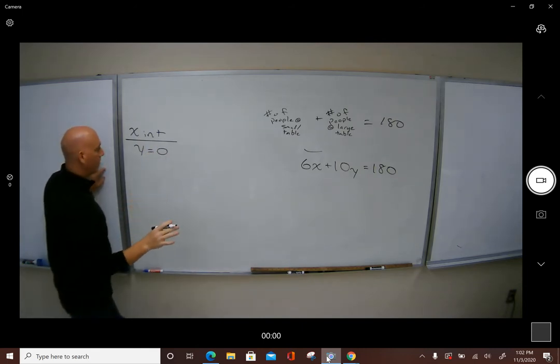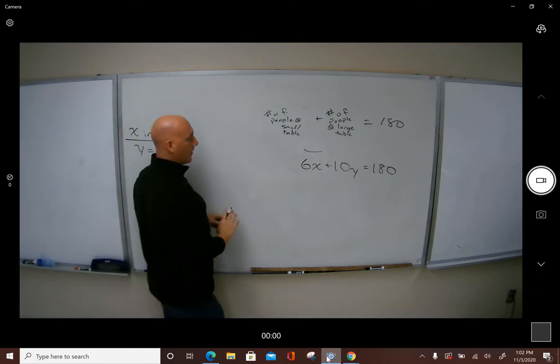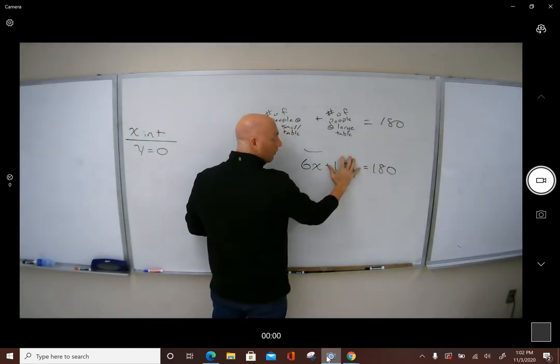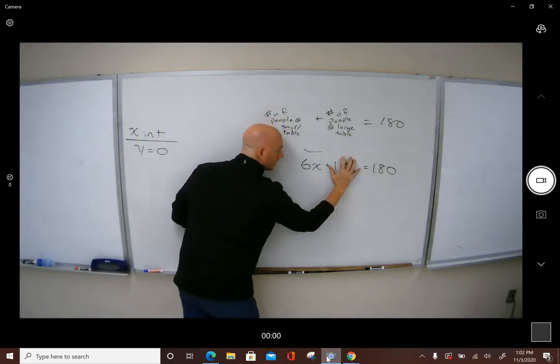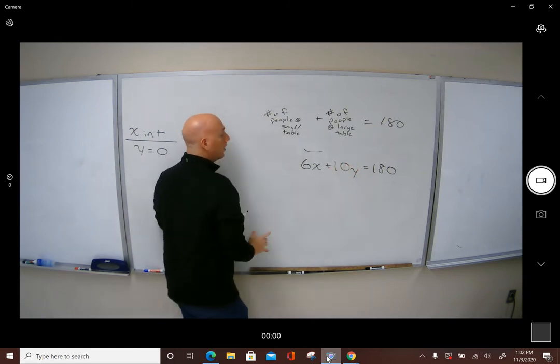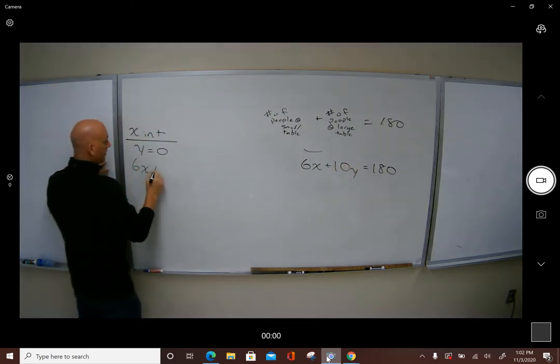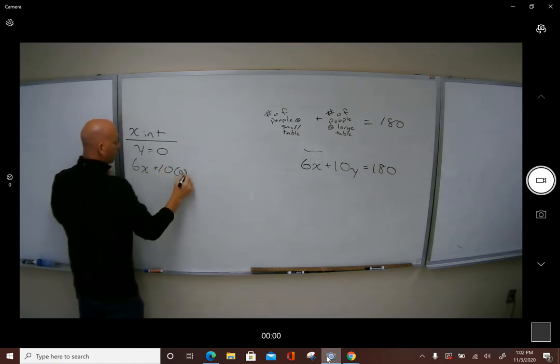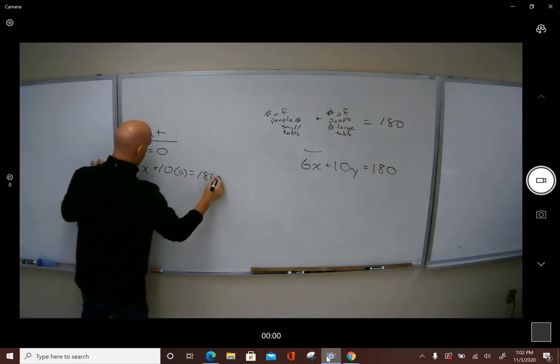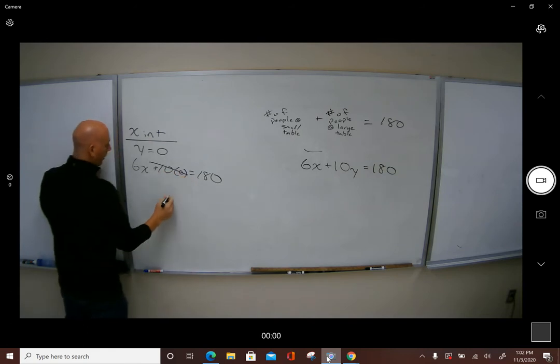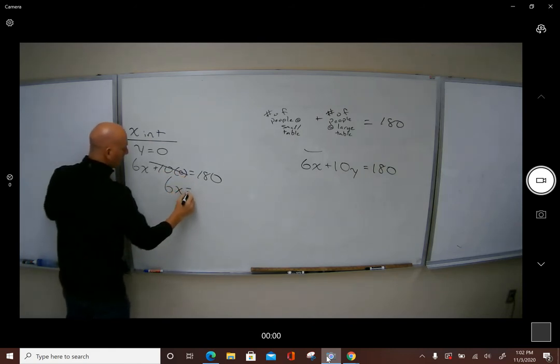Never, ever forget that. You could use the cover-up method, which you cover this up, and we have the equation 6x equals 180. Or you can just remember to plug it in: 6x plus 10 times 0 equals 180. That's going to drop out. So we're at 6x equals 180 anyways.